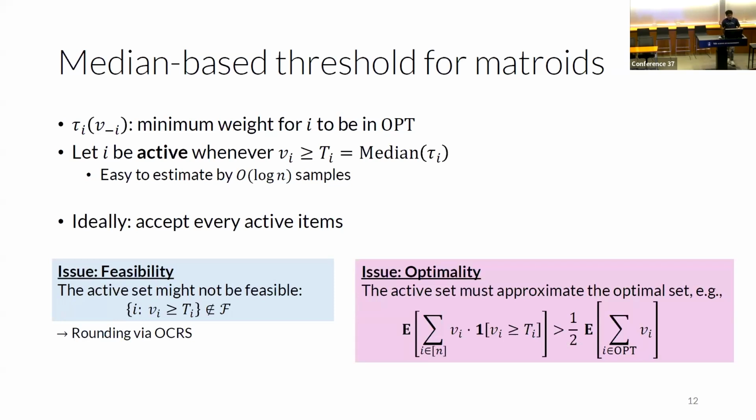To solve the first issue, we will use OCRS. And the second is actually a non-issue for this specific threshold. We will prove this using a global argument.